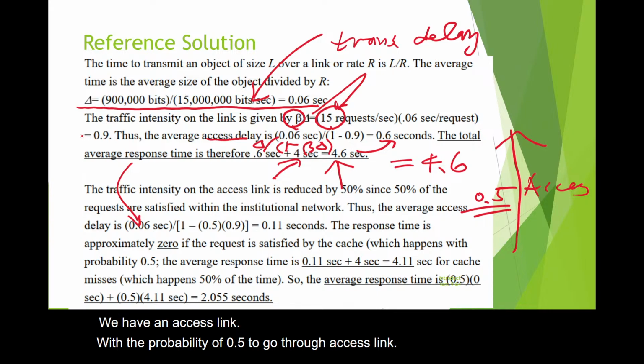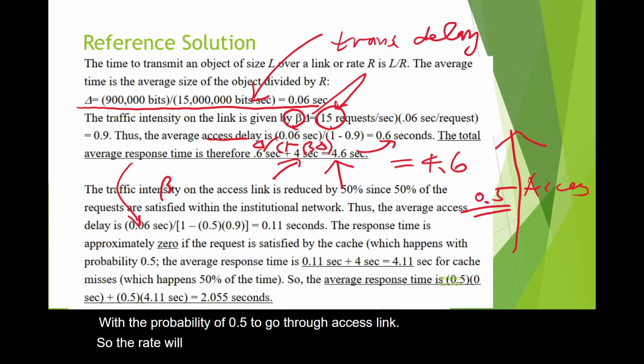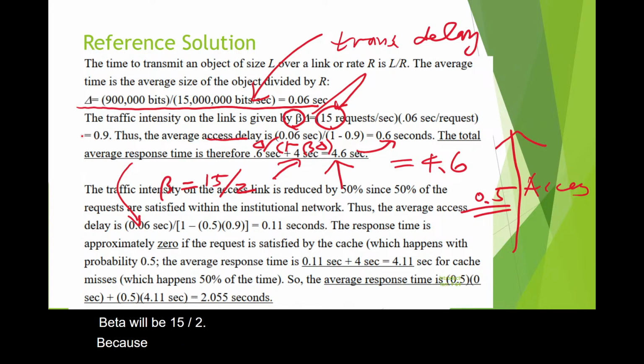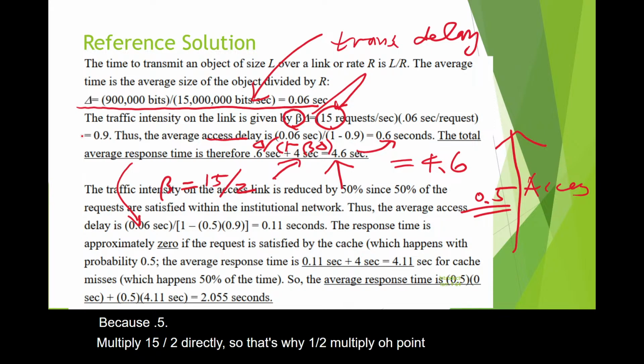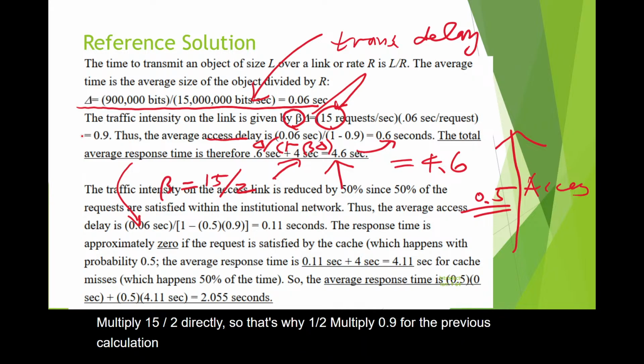So the rate will be reduced. So beta will be 15 over 2 because 0.5 multiplied by 15, so over 2 directly. So that's why I have multiplied 0.9 for the previous calculation, because beta, maybe I try to have the new beta.